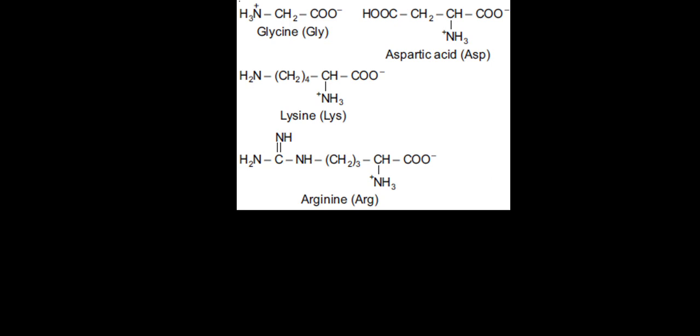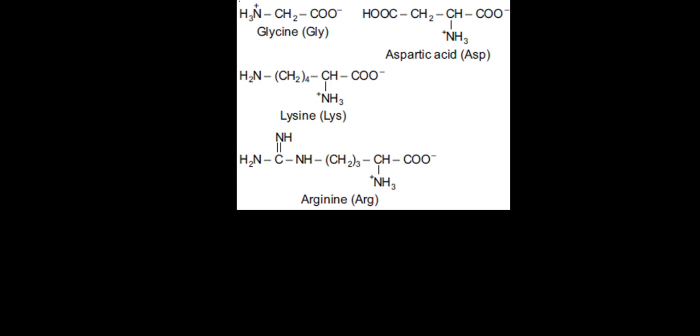Now, amino acids are classified into 3 categories based on the number of carboxylic groups and amine groups present in the molecule: acidic, basic and neutral. If you have an equal number of amine and carboxylic acid groups, we call it neutral. If more carboxylic acid groups are present and fewer amine groups, then we call it acidic.